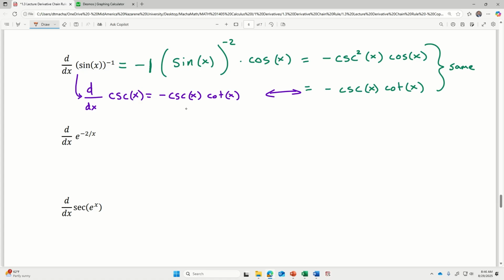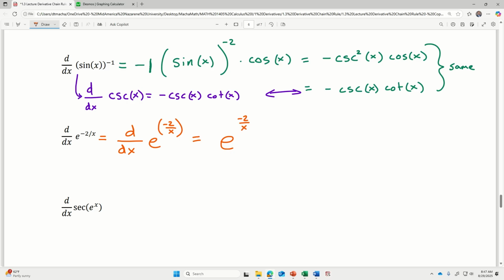All right, now we've got this one. We're talking about the derivative of e raised to the power negative 2 over x. So what's my outside function? Yeah. My outside function is this e to the power something.